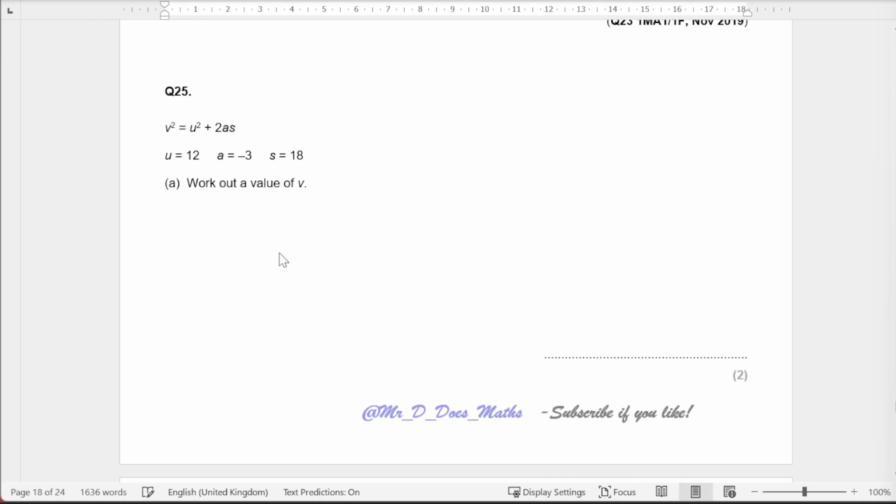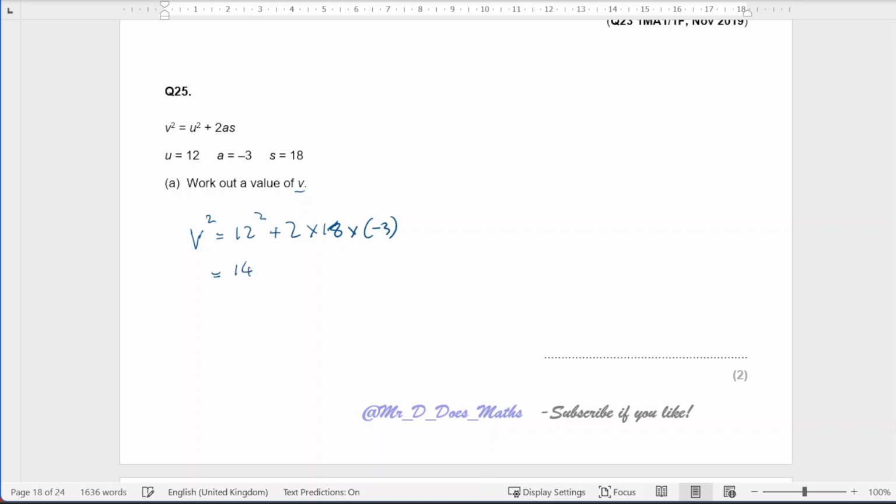Okay, question 25, work out the value of V. So we've got some basic substitution, but fairly complicated in terms of what we actually need to do with it. So it's U squared, so 12 squared, plus 2AS, so that's 2 times by 18 times by minus 3.